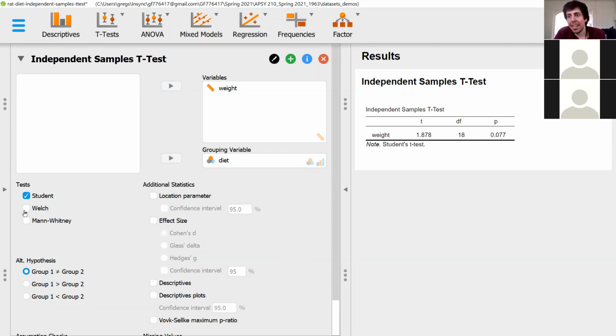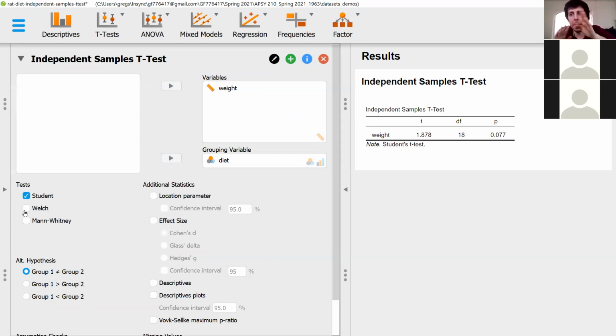And just like before, the difference between 1.88 and minus 1.88 doesn't matter, because the distribution is symmetrical, and it's arbitrary which sample you chose to be population 1 and population 2.